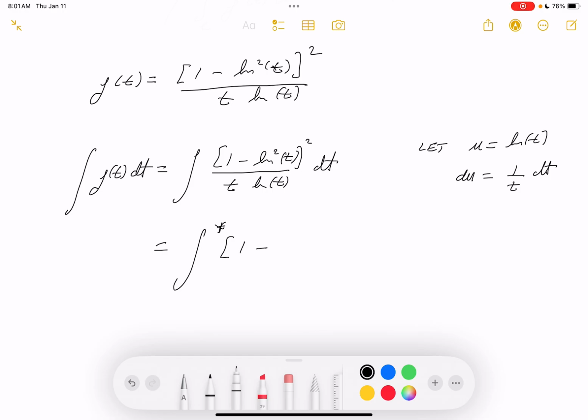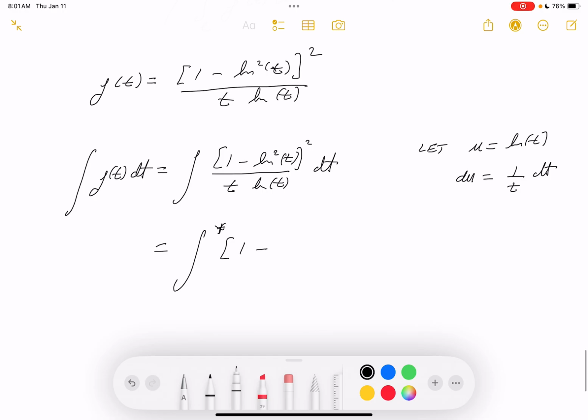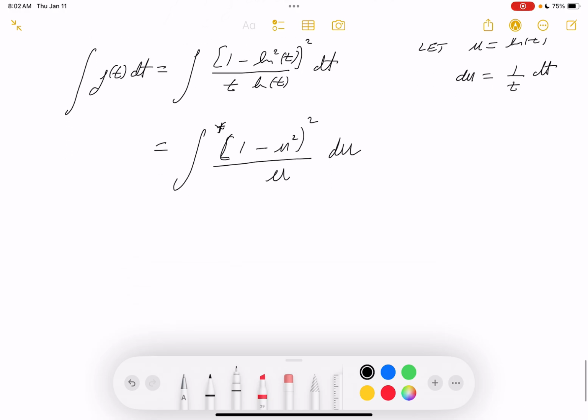So what do you get on top? You get 1 minus, well, the natural log squared now in the land of u's would be u squared. Put that down. Let's see, the natural log of t on the bottom is just a u. And then the dt over t is just a du. Well, this did become easier, by the way.